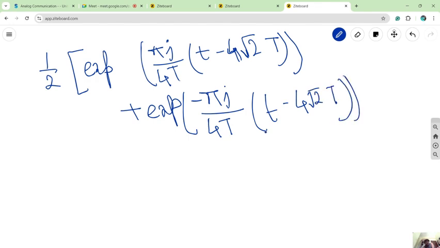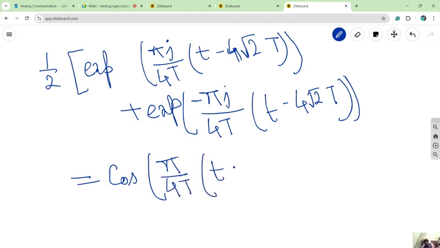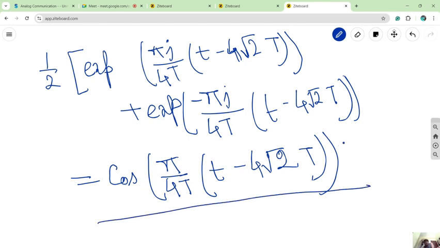So this is equal to cos of pi by 40 into t minus 4 by root t. This is the answer.